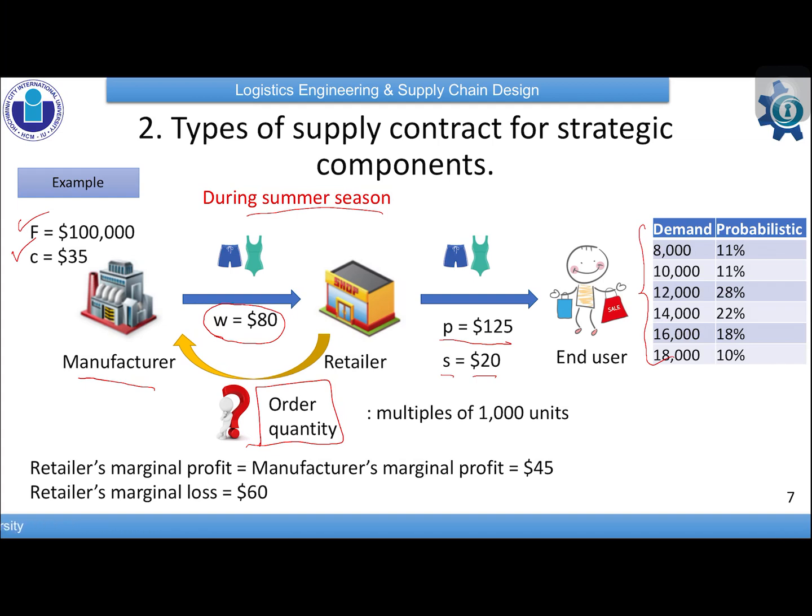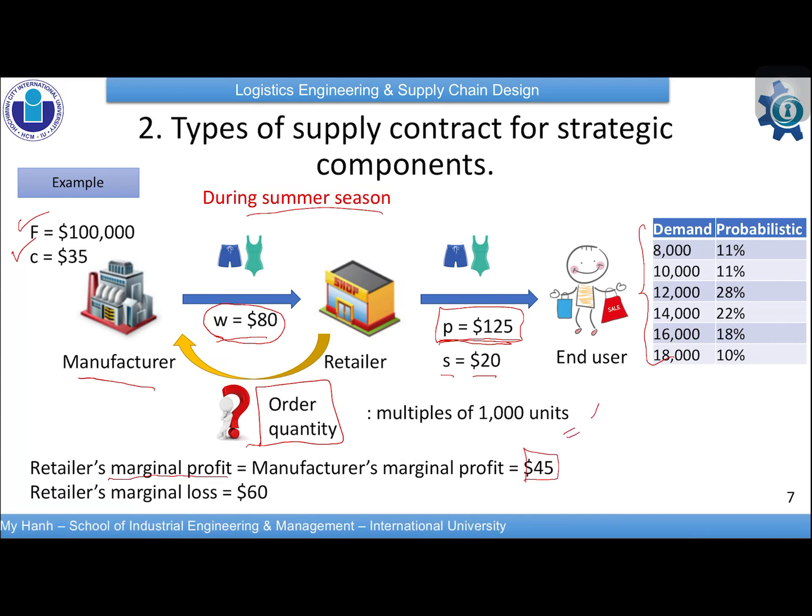So we can see that from the retailer's perspective, the selling price is $120, and we buy it at the price of 80. So the retailer's marginal profit is equal to 45, right?